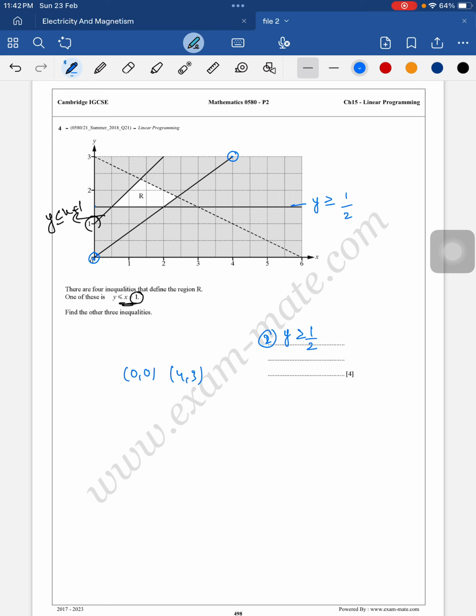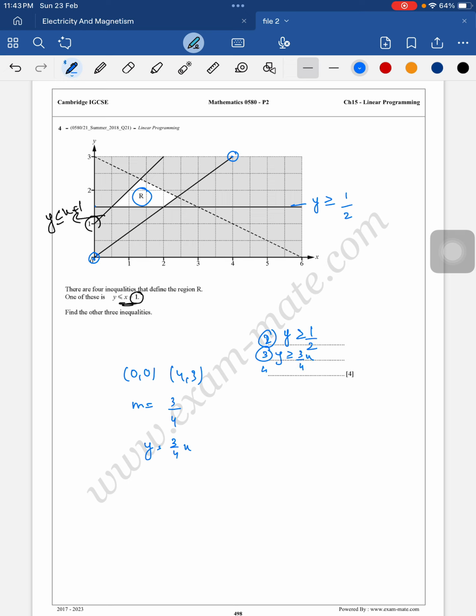And if I take out the gradient, m is equal to 3 minus 0, 3, over 4 minus 0, 4. Rise is 3 and run is 4, 3 upon 4. So y equals 3 upon 4 x, and since the region which I want is above, y is greater than or equal to 3 upon 4 x.